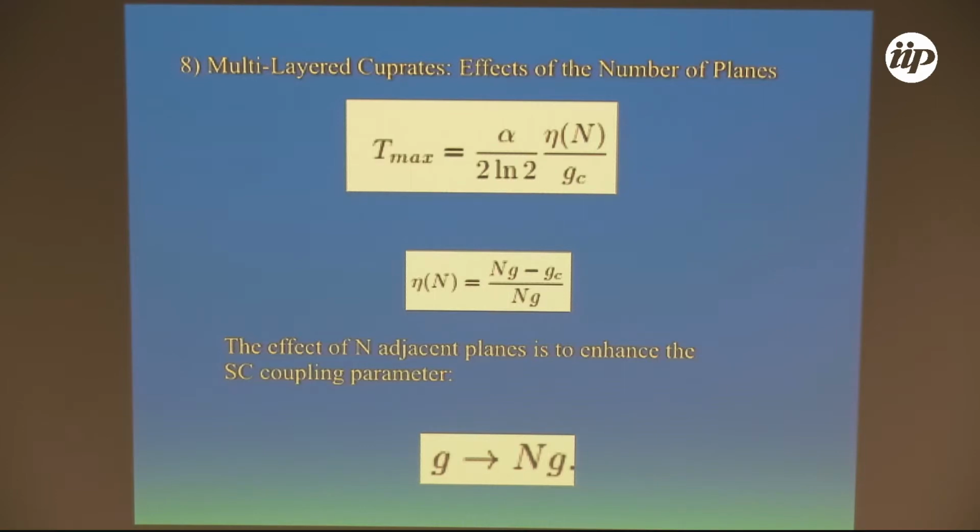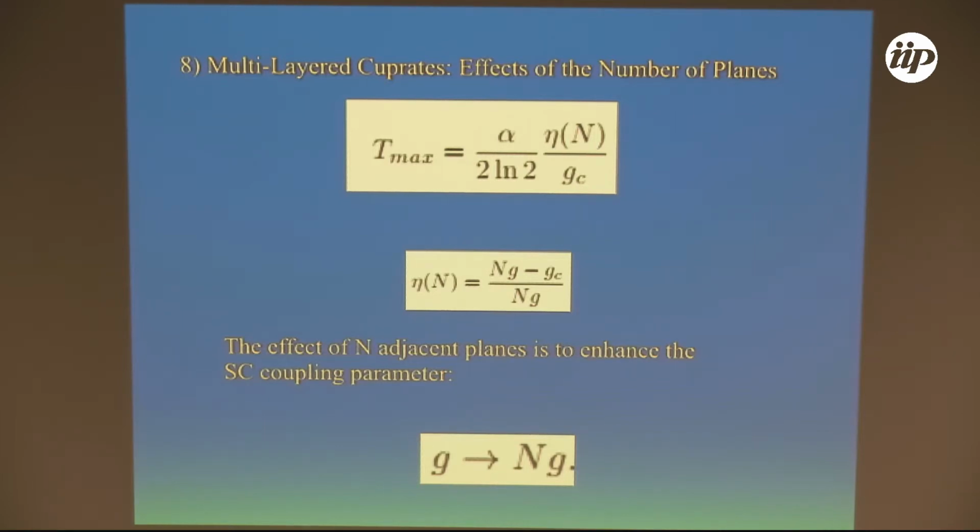So I come to multi-layered cuprates. First, let me remark that the optimal temperature is given by this expression, where eta is given by this. You see that the only thing that n does is to enhance the coupling. This is like when you do 1/n expansions, you know that.